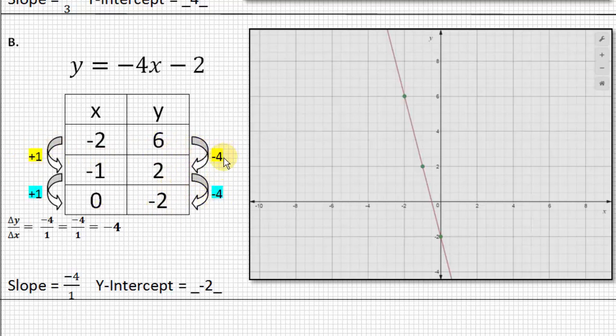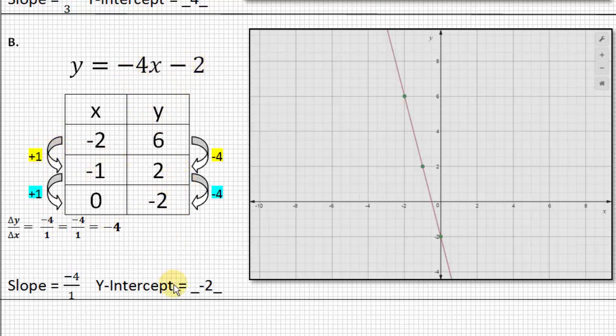We can see right away that that rate of change from the change in y to the change in x is the same. And so I've written that out here. And in its most simplified form, -4 divided by 1 is -4, and that's the form we see in our equation. So there's our slope, our rate of change in the equation and in the table.